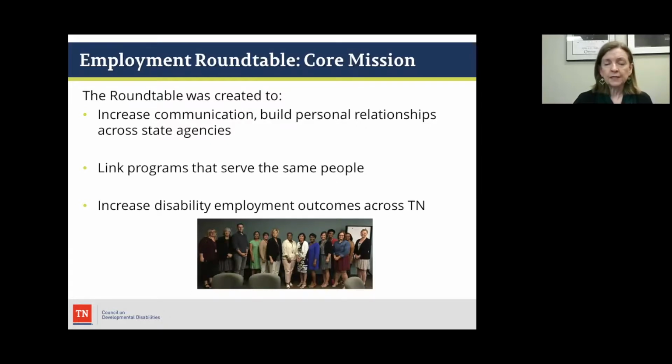We have seen these programs meet outside of Roundtable, but we know that they met in Roundtable and established those relationships. And they used that as a jumping off place and created more on the ground working relationships as a result of their Roundtable participation. And we do know that we are increasing disability employment outcomes across Tennessee, and we'll mention more about that in a moment.